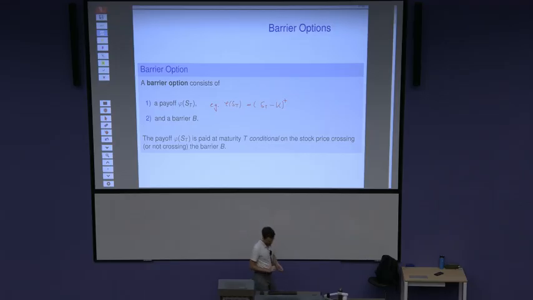And why is it exotic? Because we have this additional feature of some barrier, B. The second property makes it exotic. And the thing is that the payoff is only paid under the condition that something happens with the barrier. This can be either we hit the barrier before the maturity or we don't hit the barrier.